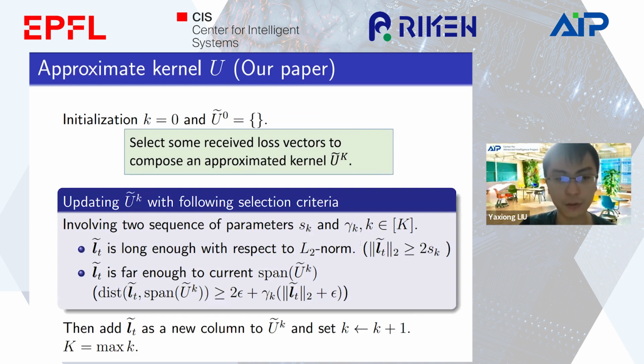Firstly, we make sure that the loss vector is long enough with respect to the L2 norm, by involving a parameter s_k.